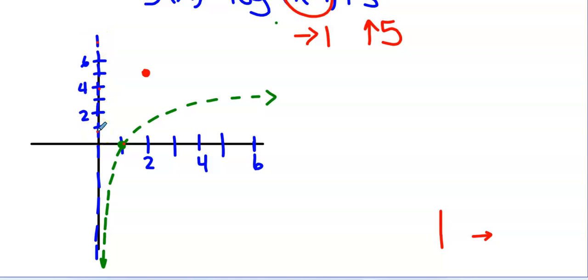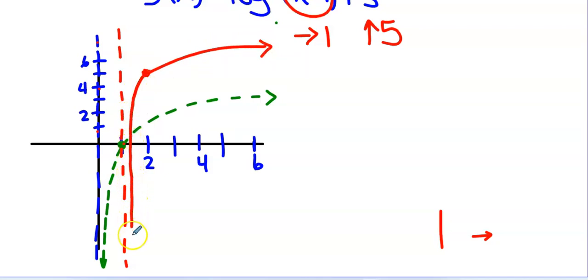Now, when it comes to the new point that you have, the new point's here, the red dot, one spot behind that is going to be your asymptote. So here is your new asymptote. Again, if you need to color coordinate this, color coordinate. All right, from there, we're going to draw our graph out. Again, reminder, it does not touch the asymptote.